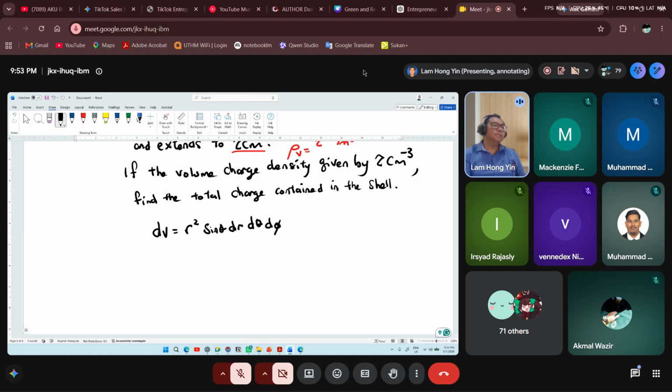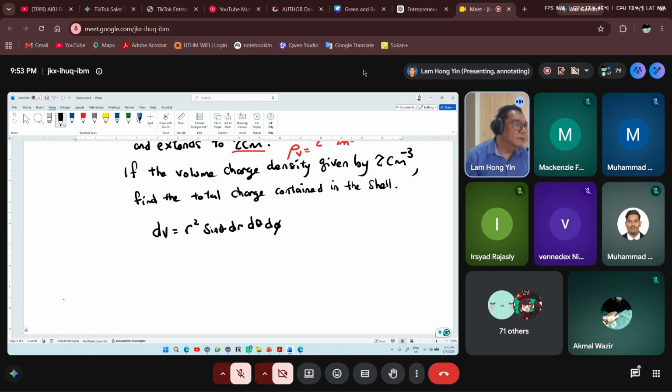Why 3 changes? Because I told you before, in the spherical coordinate system, you have 3 parameters: one is radius, one is theta, another one is phi. So when you want the volume of the spherical change, all the 3 parameters change: dr, d theta, and d phi.